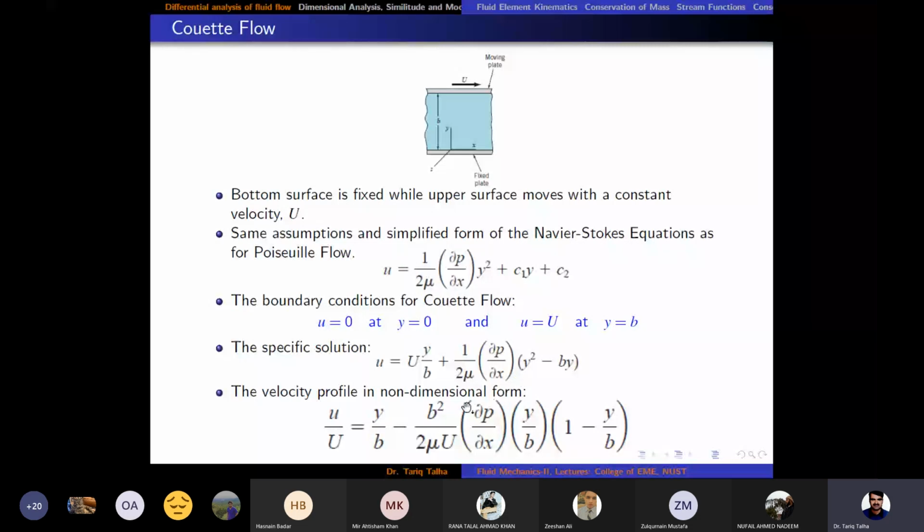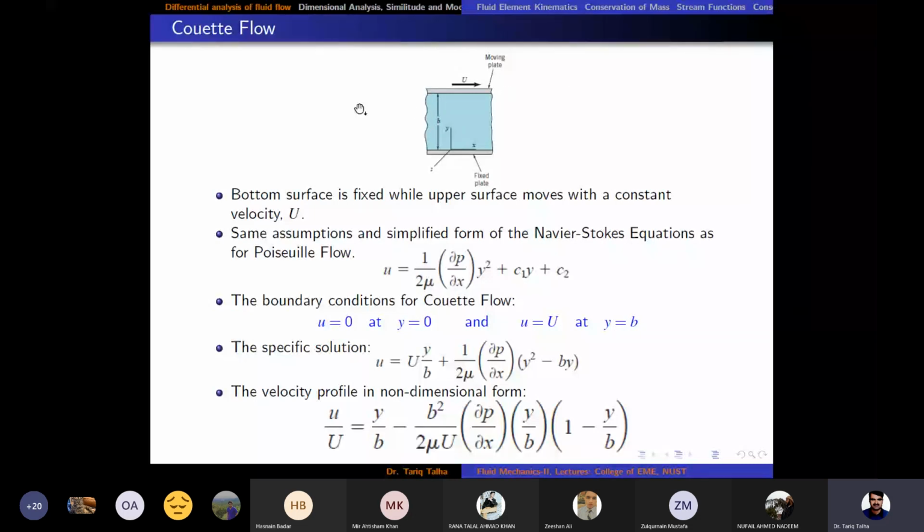So this parameter, b squared over mu U into partial p by partial x, determines what the velocity profile is. The simplest case is when this parameter is zero, when there is no pressure gradient within that plate. It means that the flow is only happening due to the motion of the upper plate.